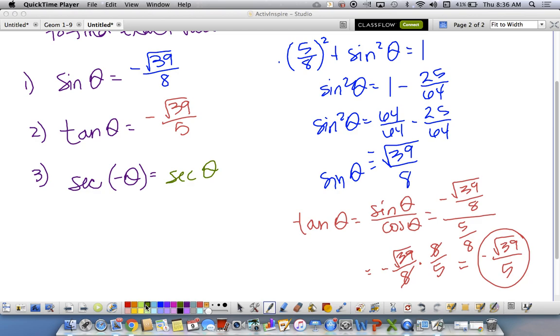Because negative angle identities, no matter where theta is, if I have cosine or secant, negative of an angle, what's that always going to be? Cosine negative theta. Secant negative theta. Will always be positive. Did I say cosine's always going to be positive? Did I say secant is always going to be positive?